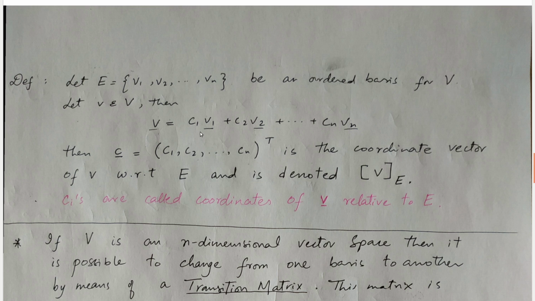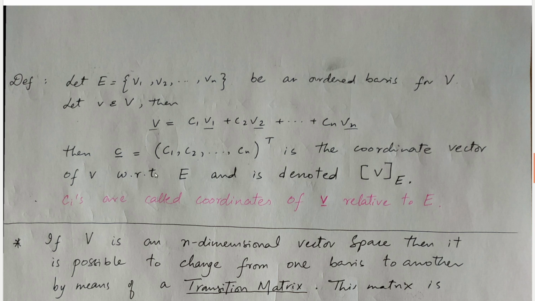And these scalars c1, c2, cn are the coordinates. You can make another vector in Rn populated by c1, c2. So v1, v2 and vn may not be in Rn, but c1, c2 up until cn are in Rn, which is an n-dimensional space.